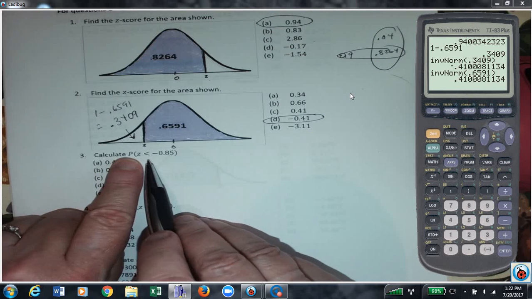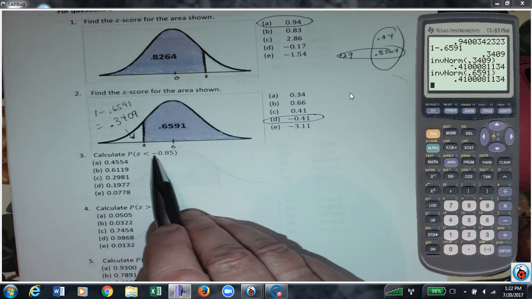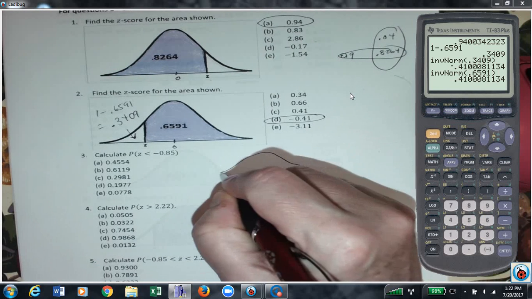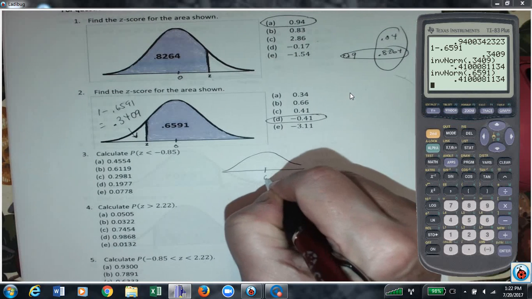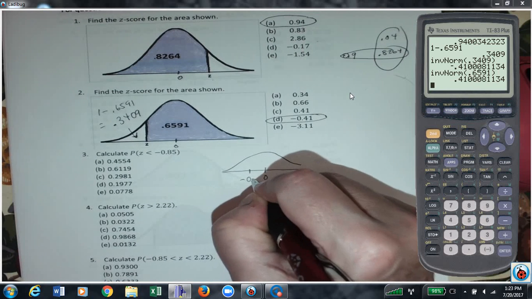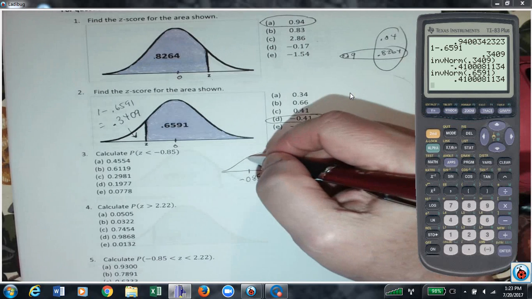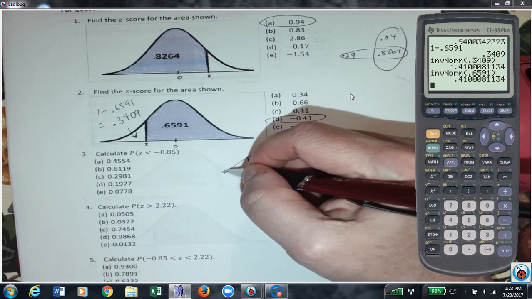Now, calculate the probability that a z-score is less than negative 0.85. So if I wanted to draw a picture here, then what they're asking me to do is actually calculate the shaded area.